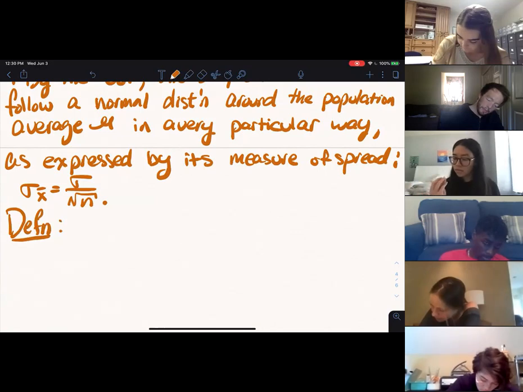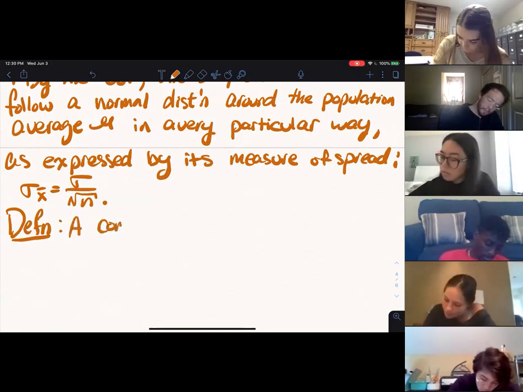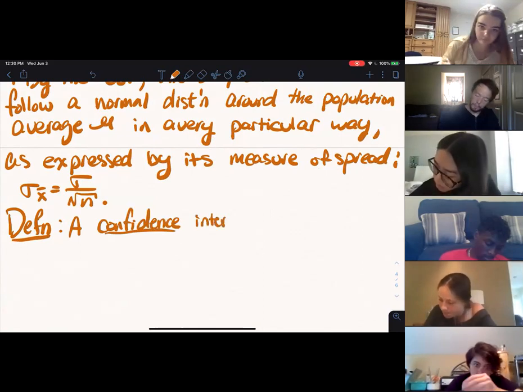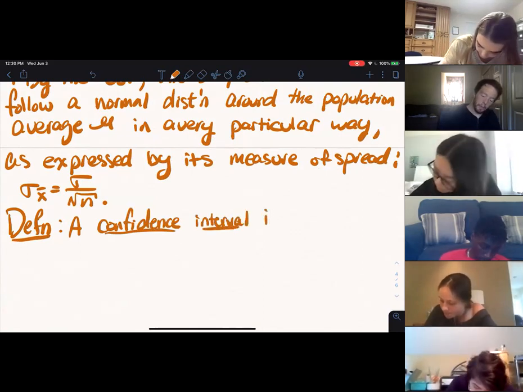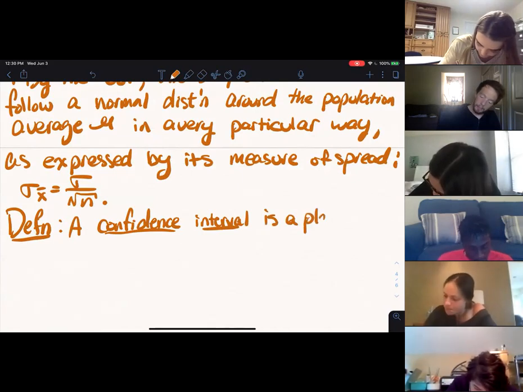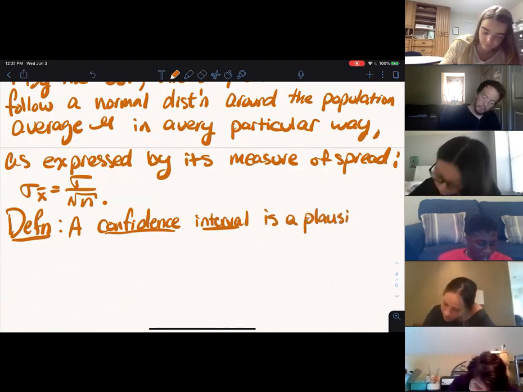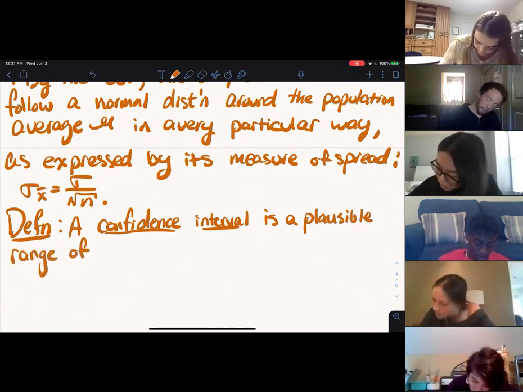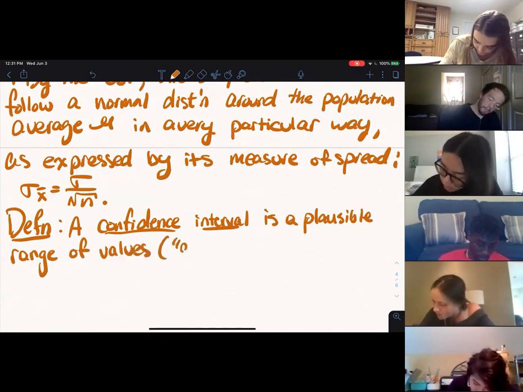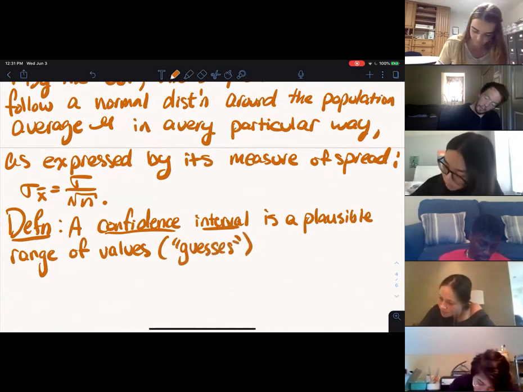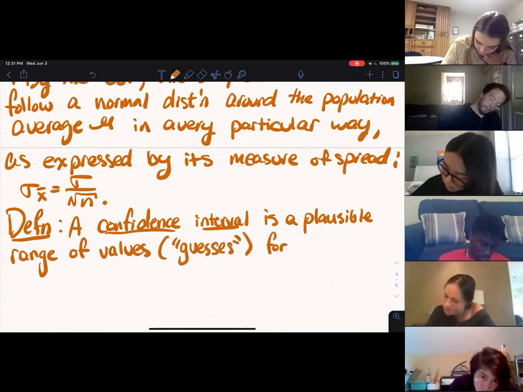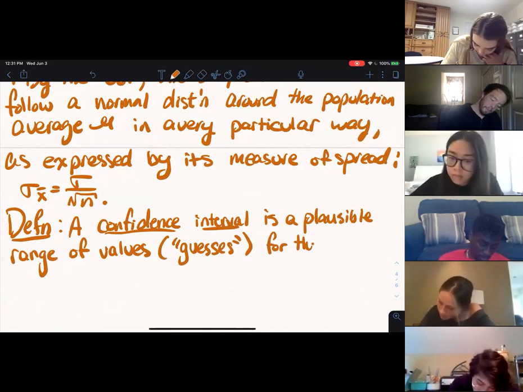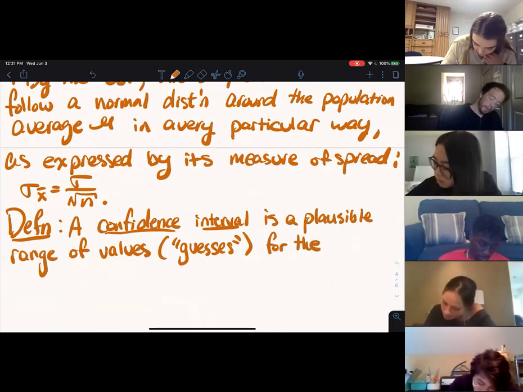A confidence interval is a plausible range of values, or range of guesses, for the population, in this case, the population mean.